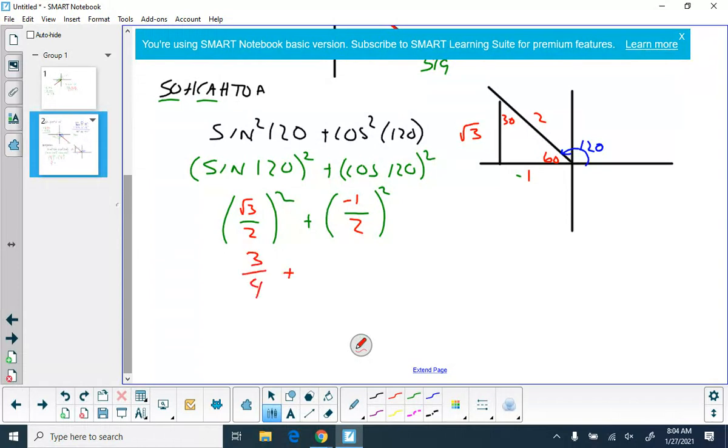If I square -1/2, whenever you square a negative, it's going to turn positive. So I have negative times a -1, which is positive, and 2 times 2. Jack, what do we get for our second value? 1/4. So we have 3/4 plus 1/4. Adding fractions, this gives us 3 plus 1 over 4. 4 over 4, which is a value of 1.